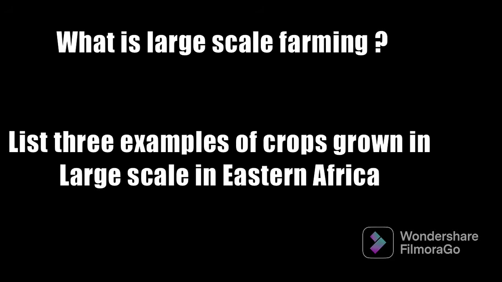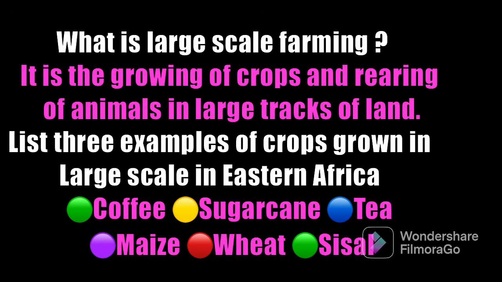What is large-scale farming? It is the rearing of animals or planting of crops in large tracts of land. List three examples of crops that are grown in large scale in Eastern Africa. Sugarcane in Sudan.